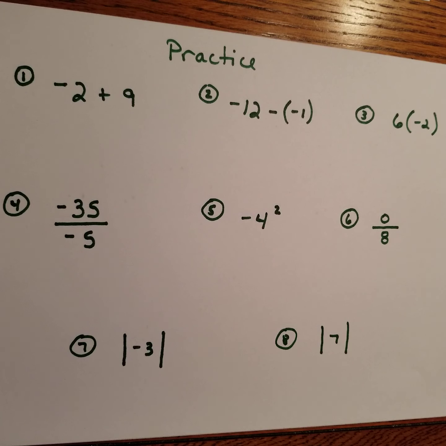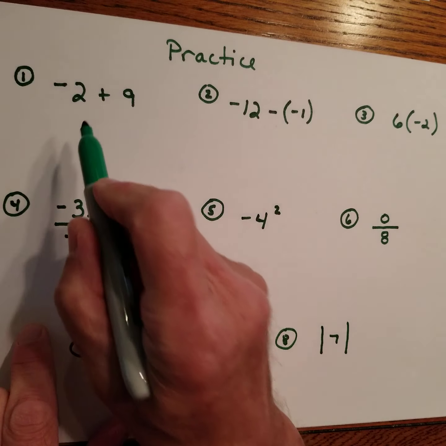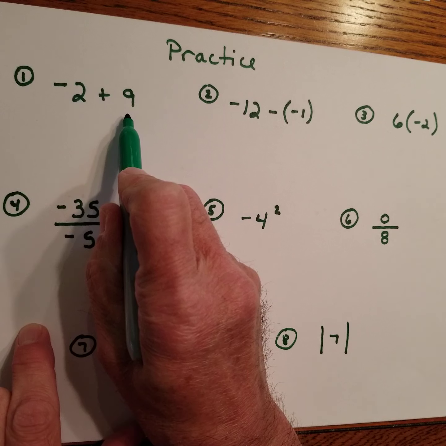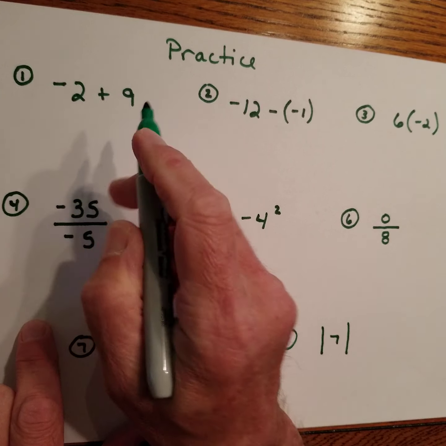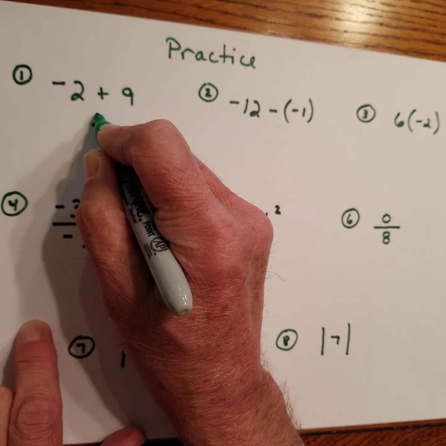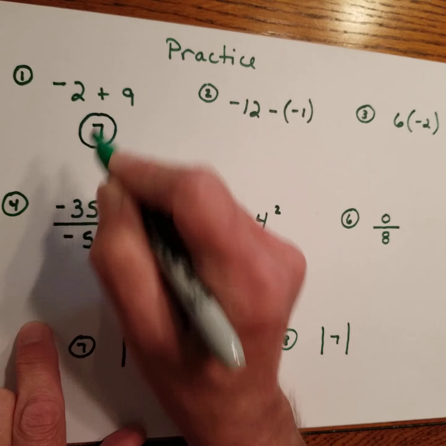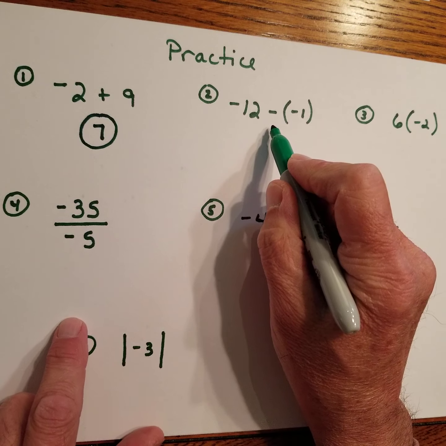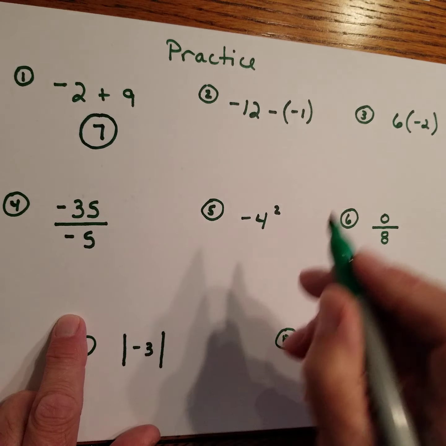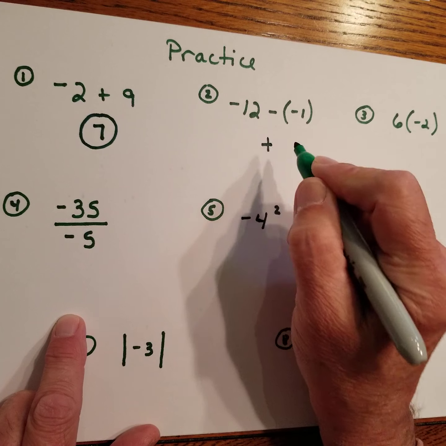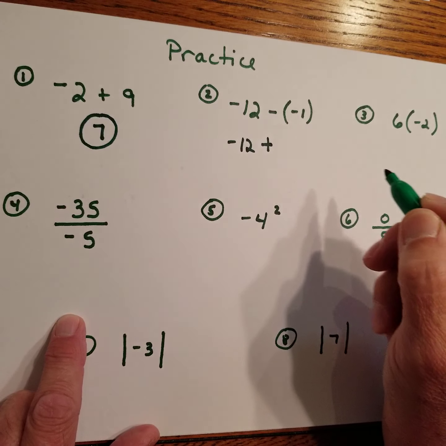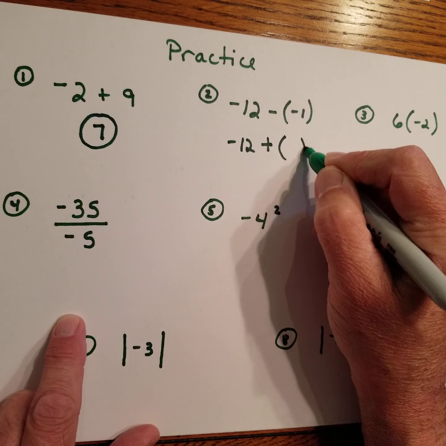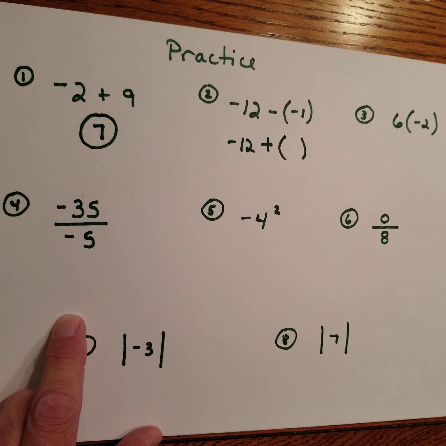In number 1, I'm adding. I've got a negative and a positive. The signs are different, so I subtract. Take the sign off the larger number. Number 2 is subtraction. When we see subtraction, we like to add the first number to the opposite of the second number.